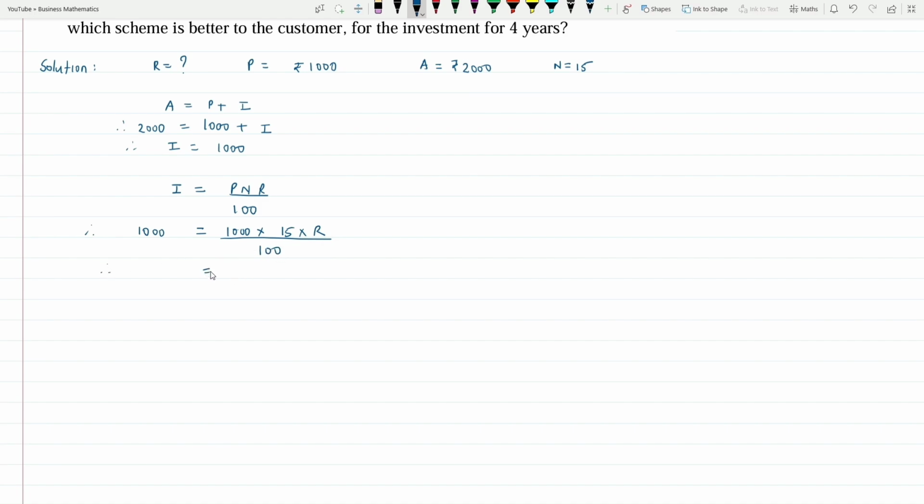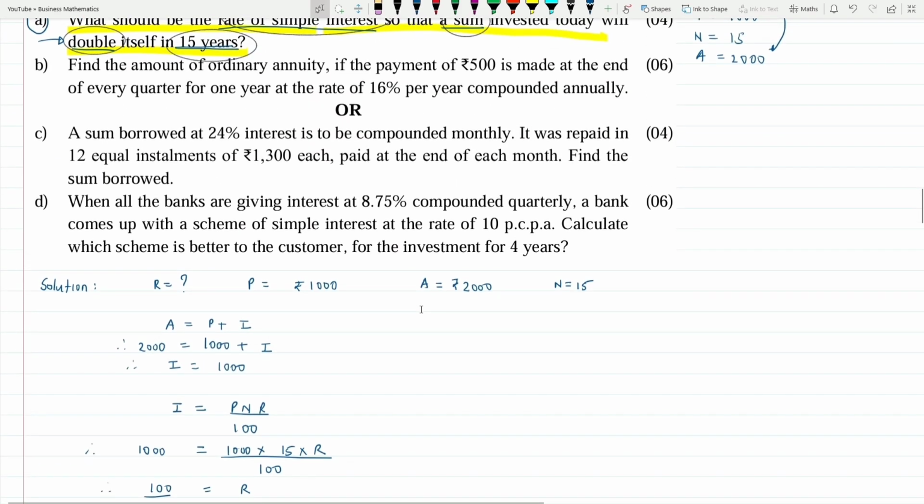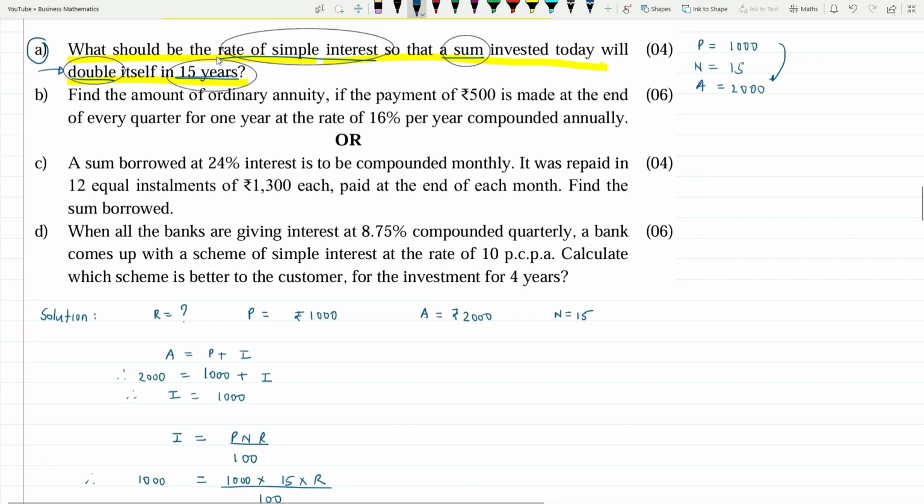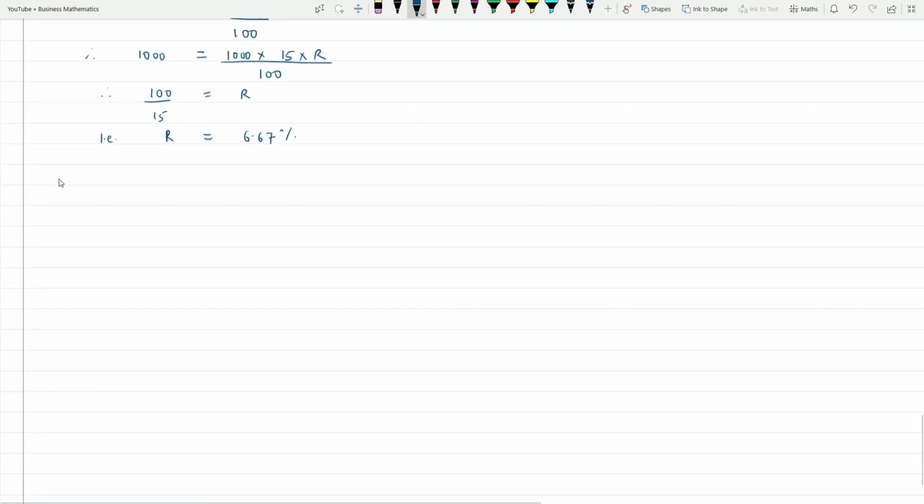And on simplification, this is going to give us that R is equal to 100 upon 15. On calculation, we get R is equal to 6.67%. So thus we can write the final answer. The required rate of simple interest must be 6.67%.